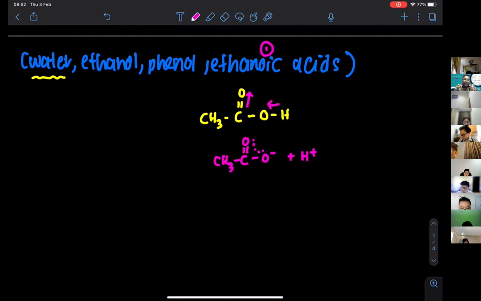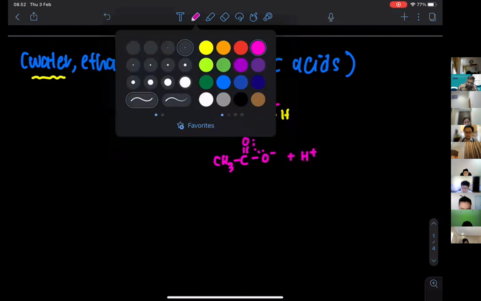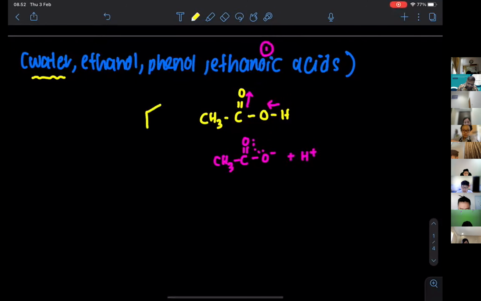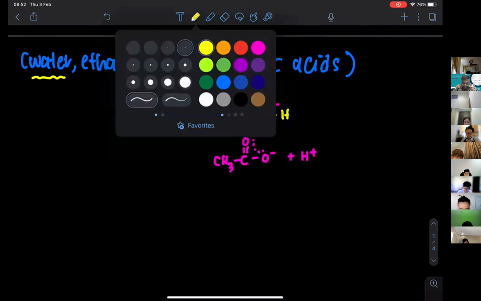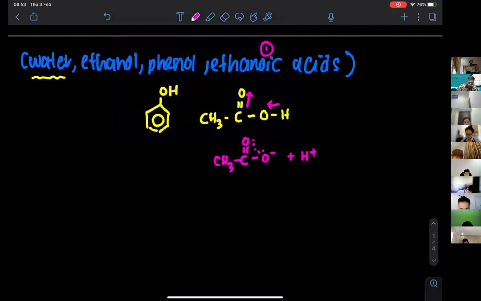And when we look at phenol, phenol is going to be written in this way. You know that in phenol, the lone pair of electrons at the oxygen have a tendency to go inside.